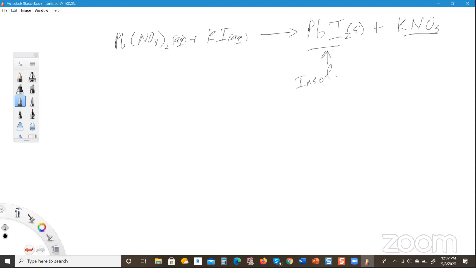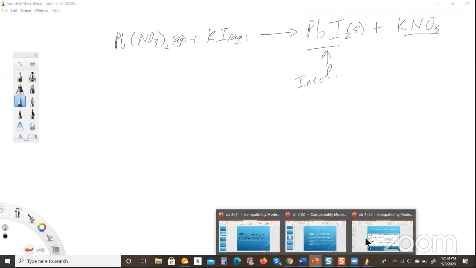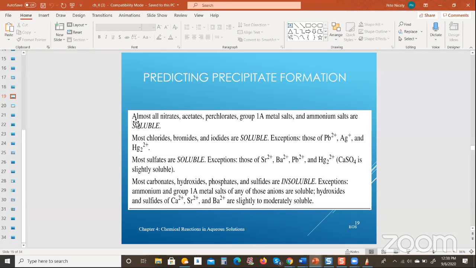All right. Now, as far as the potassium nitrate is concerned, if you go back to the table, you see that it says that almost all nitrates and group 1A metal salts are soluble, and potassium nitrate satisfies those two categories.